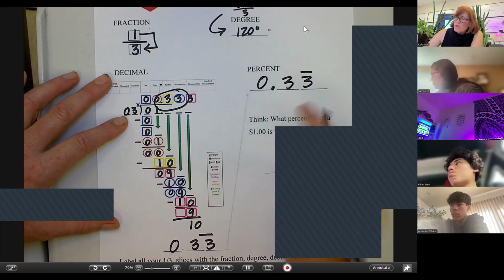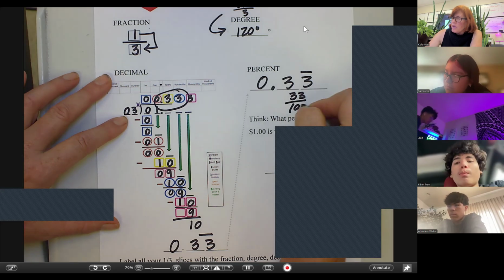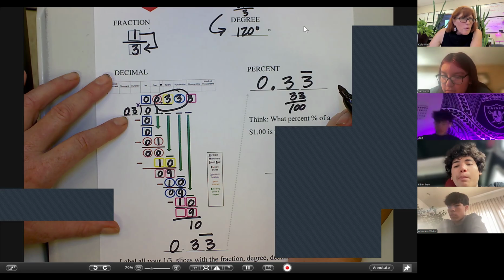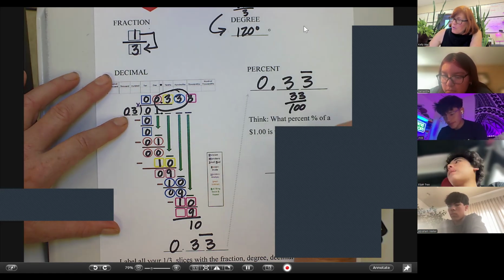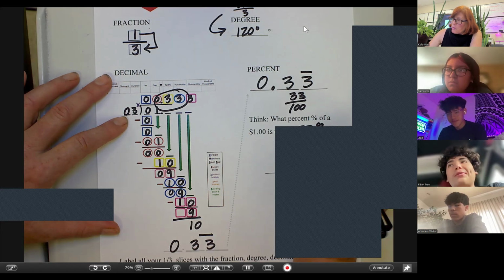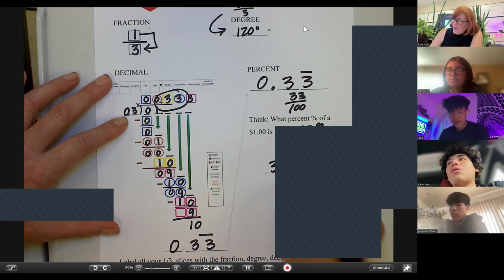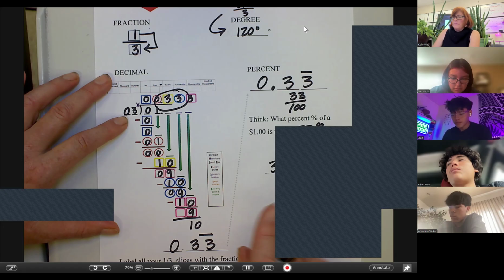And if we're changing this to a percent, that's like 33 people out of 100 people ate eggs this morning if we did a poll. So what would this look like as a percent? It would look like this. 33% of the students ate eggs. We do 33.3 because of that repeating.